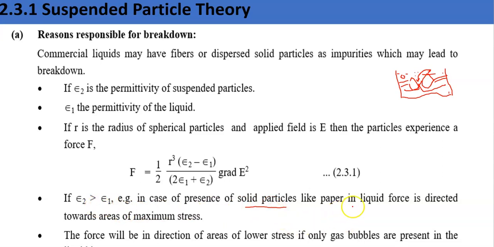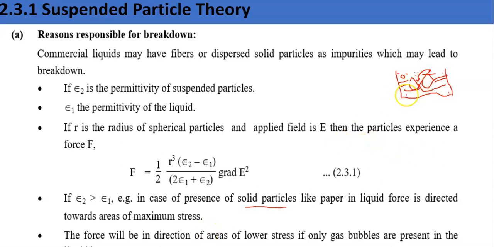For solid particles like paper in liquid, force is directed towards areas of maximum stress. So the force will be directed to bring that impurity into the area of maximum stress. Where is maximum stress? Stress means intensity, the field. This is the maximum stress area.